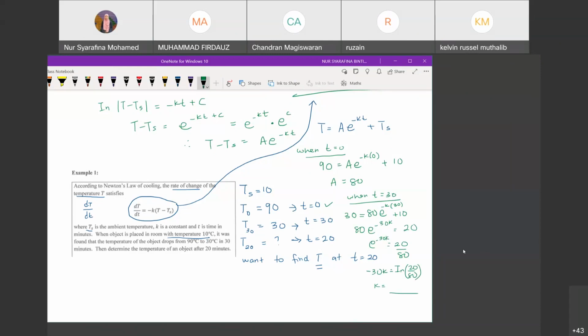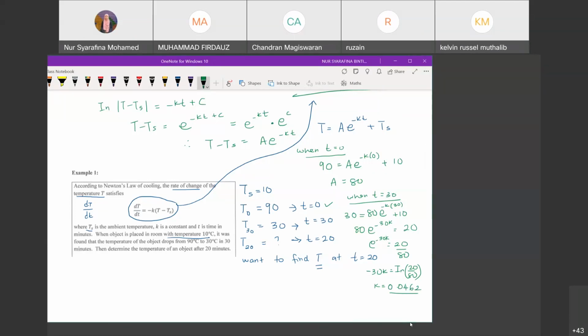Anyone? 0.046. Okay, 0.0462, right? Try to normalize the usage of 4 decimal places in your calculation.